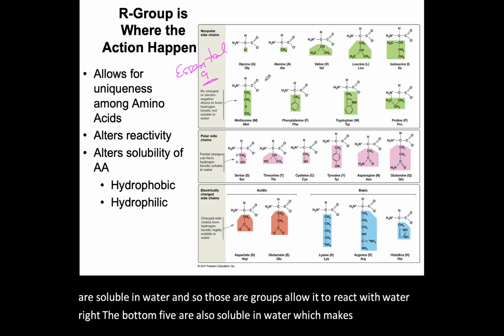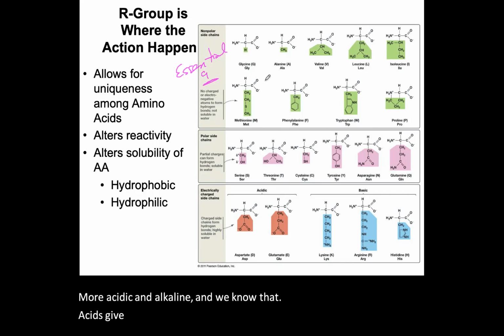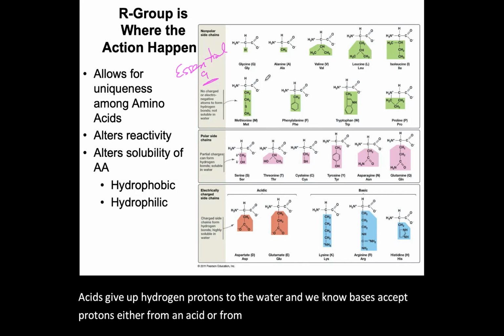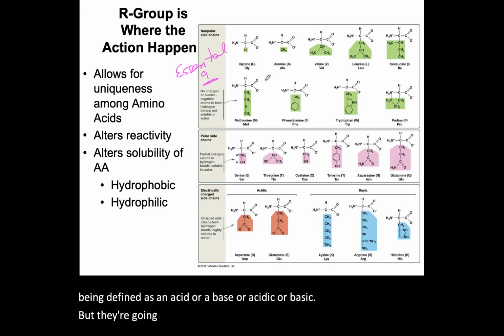They're more acidic and alkaline, and we know that acids give up hydrogen protons to the water, and bases accept protons, either from an acid or from the water. We know already by them being defined as acidic or basic that they're going to react. We just talked about that when we looked at acids and bases and pH.